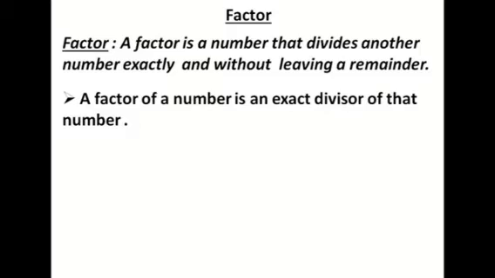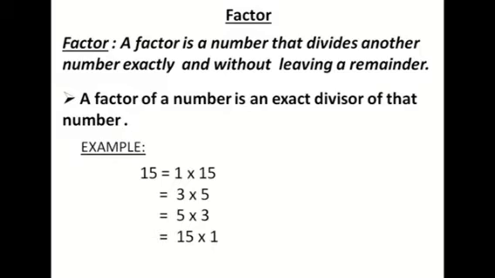Okay. Now how to find out factors? Here I have taken one example as 15. So you can think of 15 as 1 15s are 15, 3 5s are 15, 5 3s are 15, again 15 1s are 15. So the first two and the last two are the same, only the order has been changed.